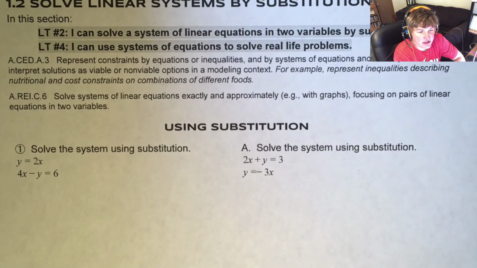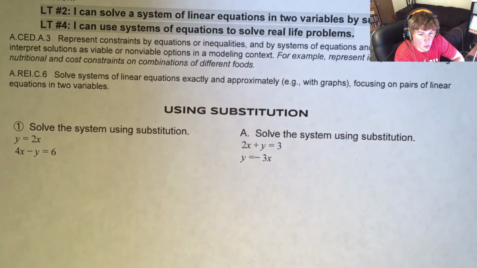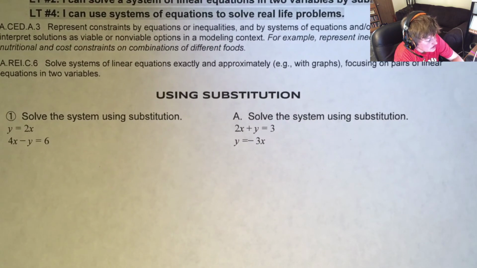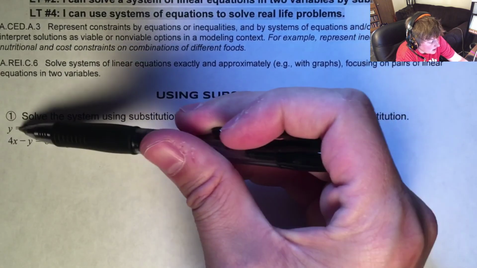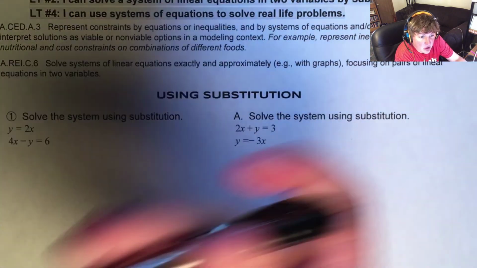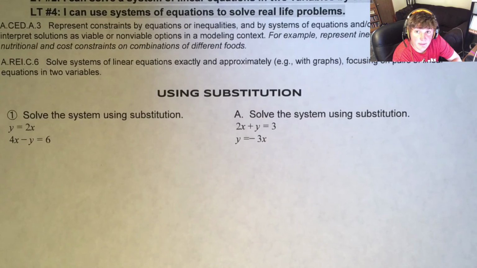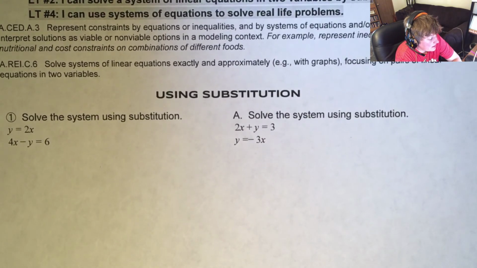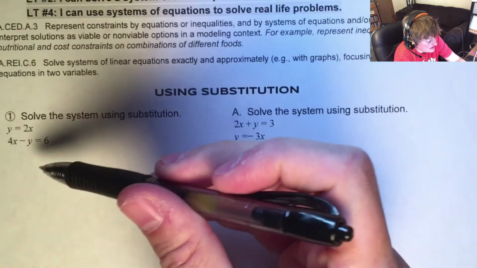So the first one here is y is equal to 2x and 4x minus y is equal to 6. So again, I'm looking for the x and y ordered pair that I can plug into both of these equations, and it's going to balance out the equation at the same time. So this is my system.